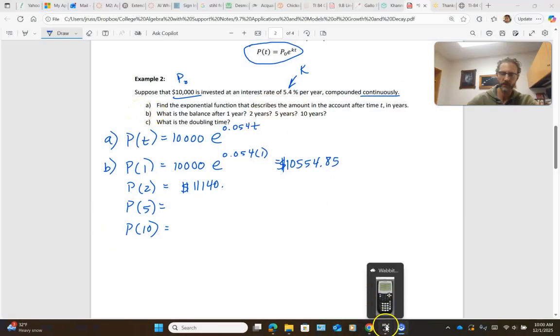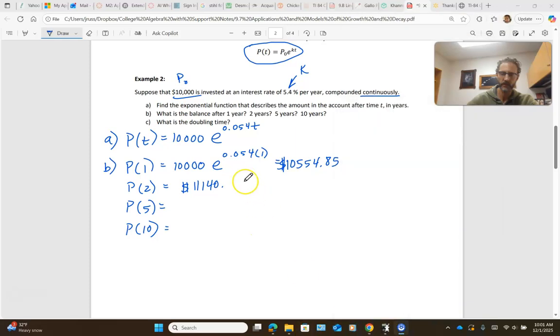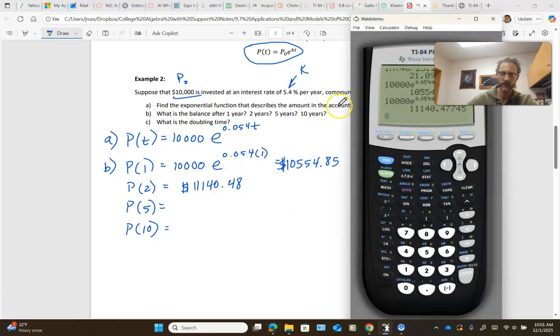Let's see, how much change? Oh, 48 cents, okay. So you can see it's grown in 2 years over $1,000 here. And I'll just repeat the same process.